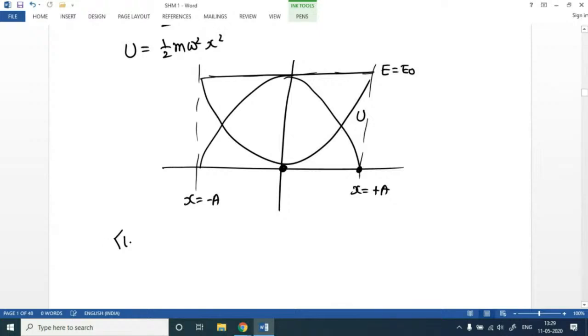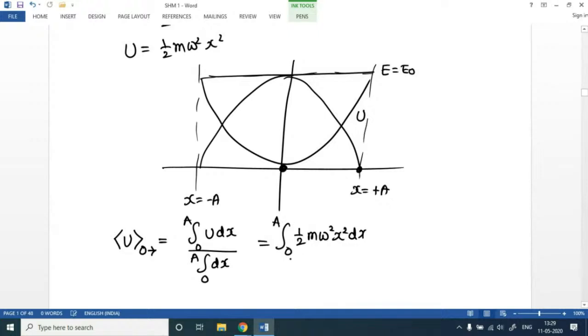So the average potential energy from 0 to A would be the integral of U dx upon the integral of dx, and we are averaging from 0 to A. U we know is nothing but half m omega square x square, into dx from 0 to A, and that divided by A will simply give you 1 by 6 m omega square A square, which would be nothing but E naught by 3.